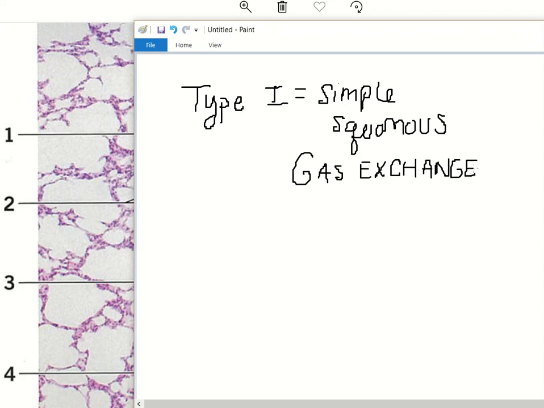Okay. So type 2 are going to look simple cuboidal. And they're really going to be sort of dispersed around the inner surface of your alveolus. And these guys I want you to associate with making sure you get a little WD-40 for that alveolus.